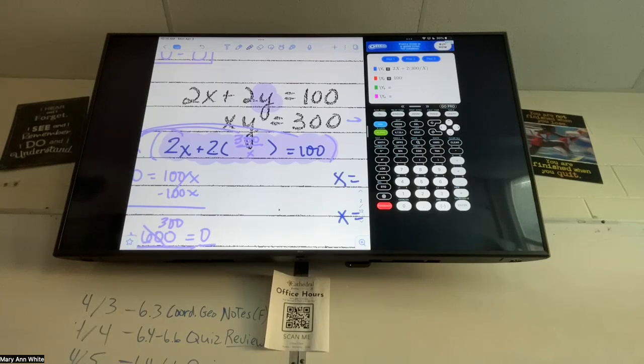The only thing that gets funny is your windows. So I've got 2x plus 2 times 300 divided by x as my first one, and then 100 is my y2. Could we have any negatives here? Should we have any negative x's, negative y's? Nope. So if I go to my window, my x min and my y min will both be 0. My x max, I don't really know what that is, so I'm just going to guess.